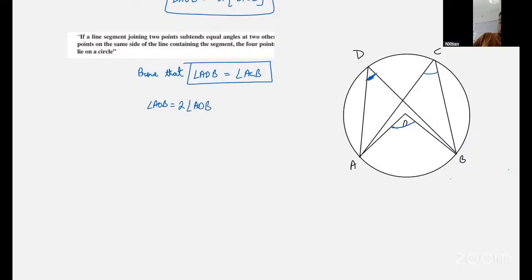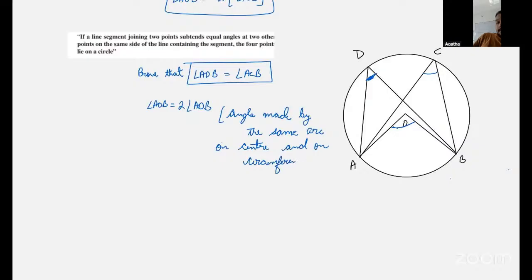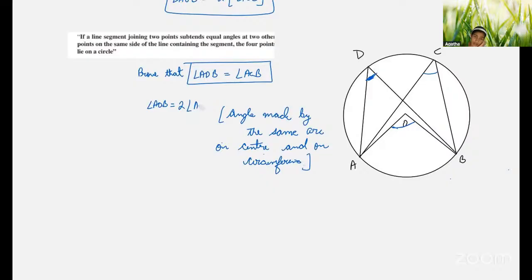Why? Because of the angle made by the same arc on center and on circumference. You got my point? Yes, but this theorem says angle ADB is equal to angle ACB, right?